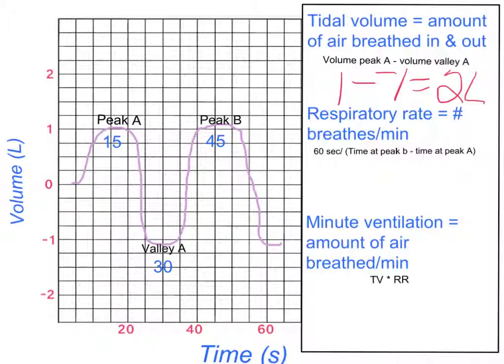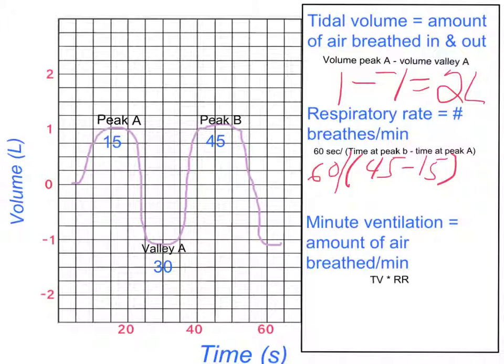The next thing we need is our respiratory rate, which is basically the number of breaths we take per minute. What we need is a 2-step calculation. We need the time difference between peaks or between valleys. I'm just going to do this difference here. So we have the time at peak B at 45 seconds, at peak A is 15 seconds. So I just write this out: 45 minus 15.